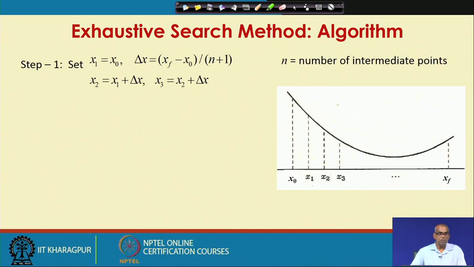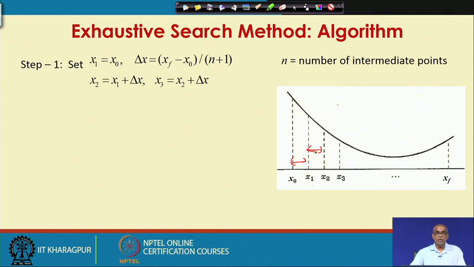So, in step 1, I set x1 equal to x0 plus delta x, that means the width of each sub interval. Delta x can be computed as (xf minus x0) divided by (n plus 1).